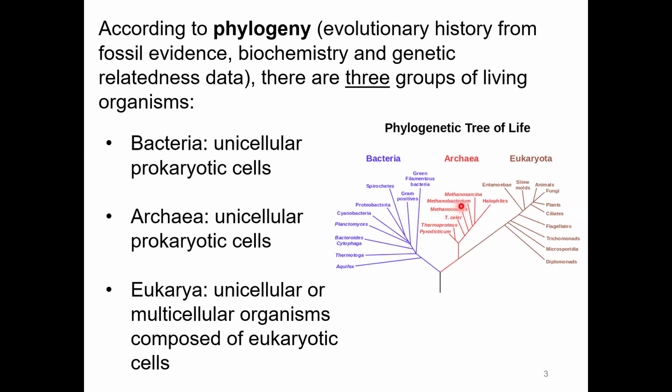And then we have eukaryotes, which can be unicellular or multicellular. And if you see these, you see different types of life aspects or species, that kind of thing.